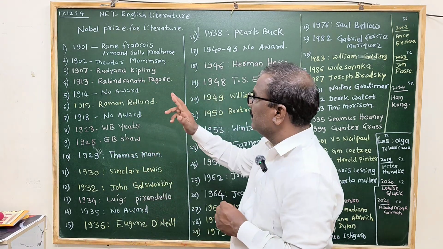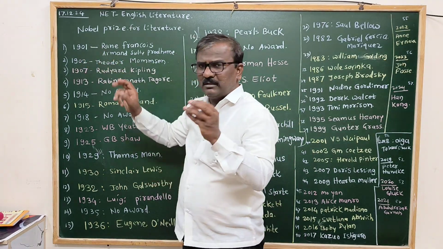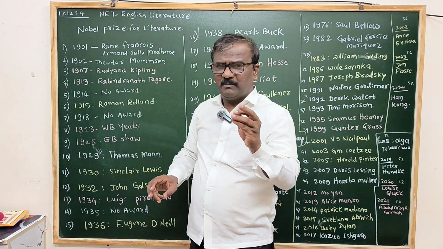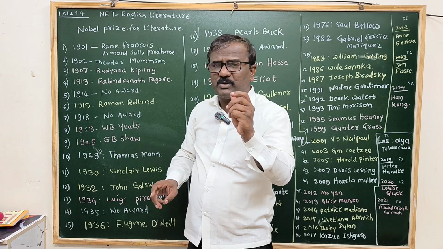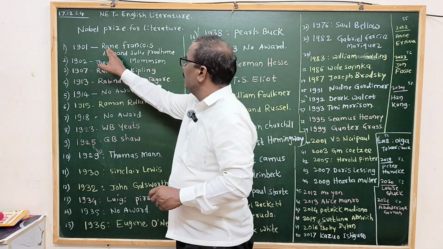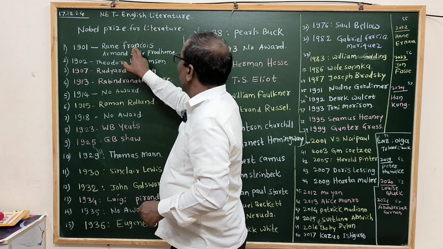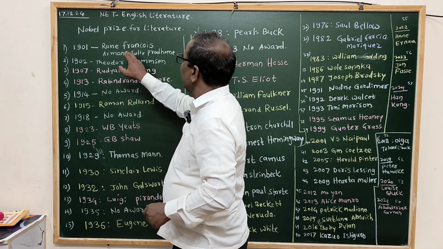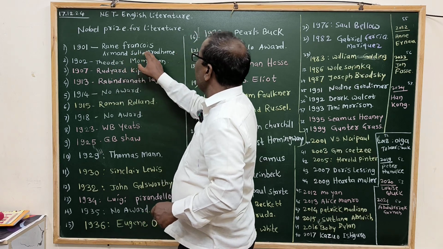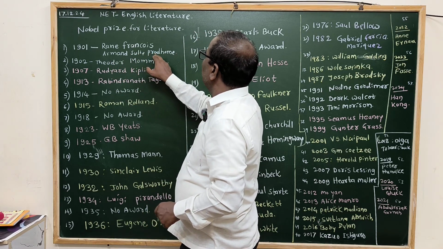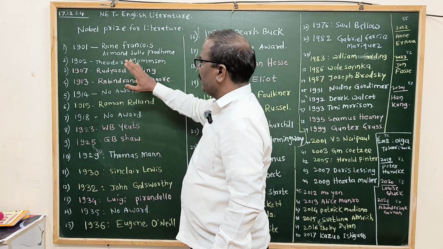Now, in 1901, the Nobel Prize started. The first persons who received the Nobel Prize: Rene Francois and Armand Sully Prudhomme.